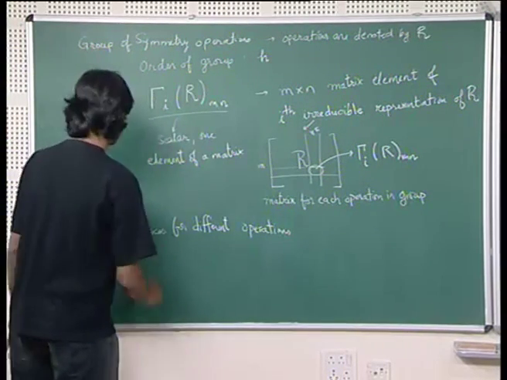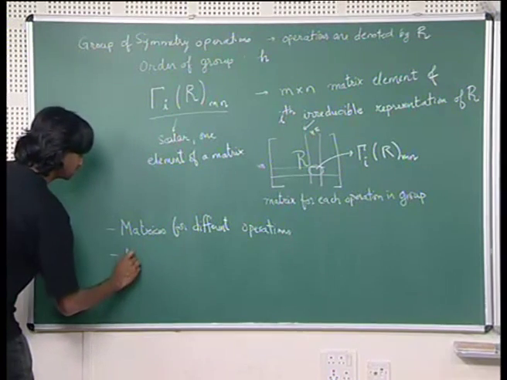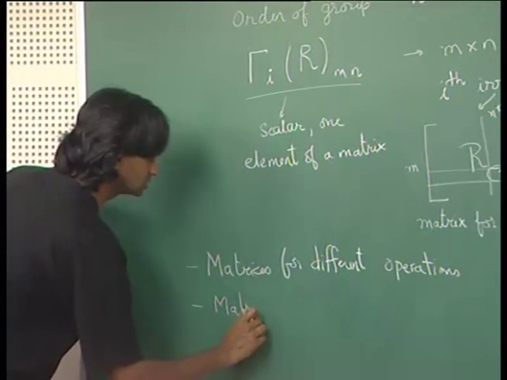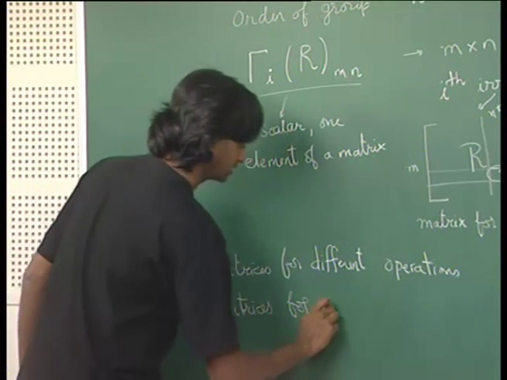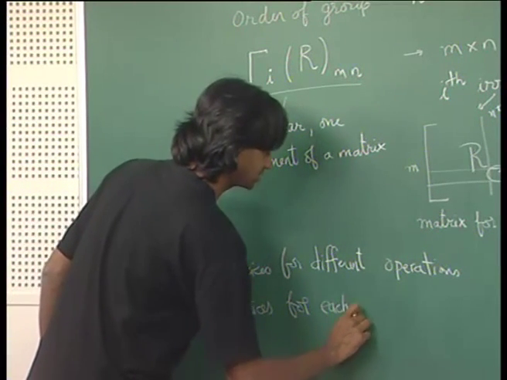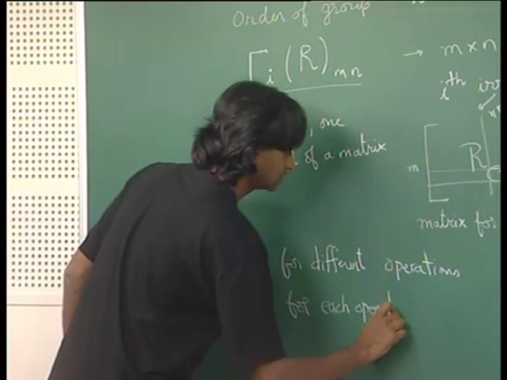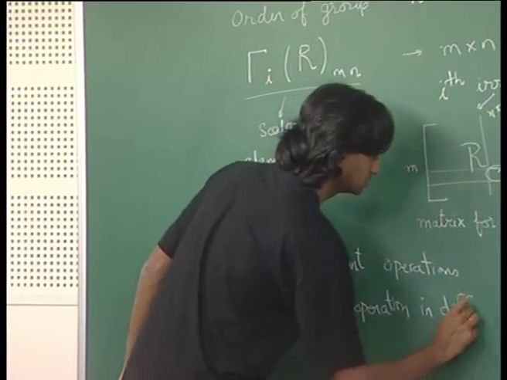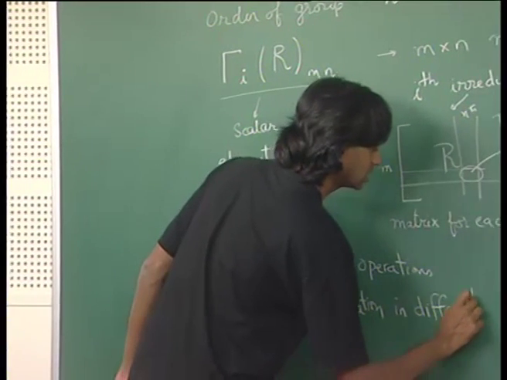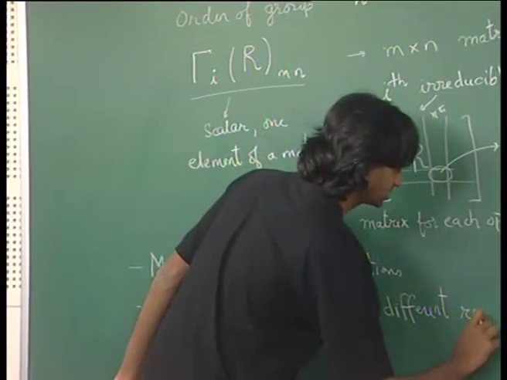You have matrices for each operation in different representations.